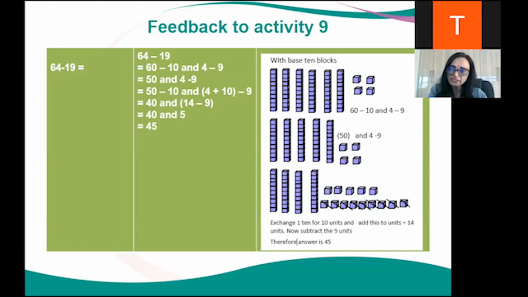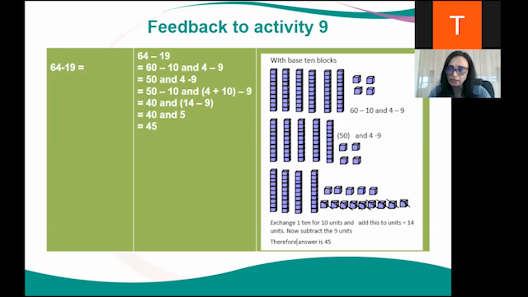So in your third step now, we took 1 ten from 50 and we dismantled it. We made it loose into units. We exchanged that 1 ten into 10 little units, and the 10 little units were added to 4 to give us 14.